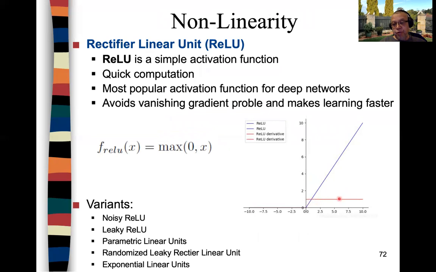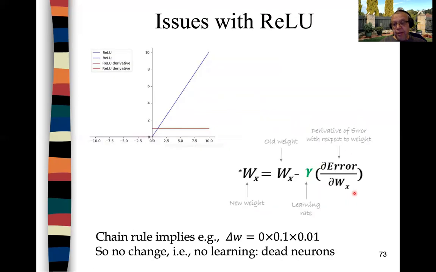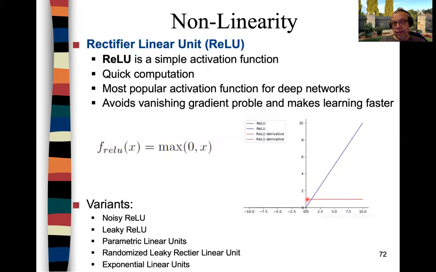And if it's 1, then that delta is not going to be affected by the vanishing gradient. So its maximum is 1. It's not like the sigmoid, which is 0.25, okay?